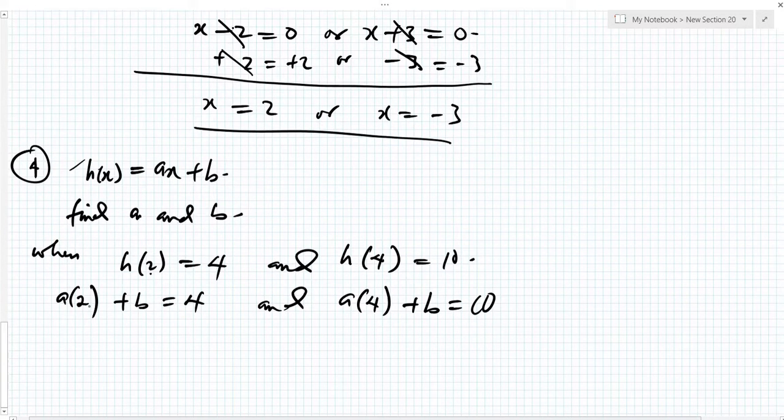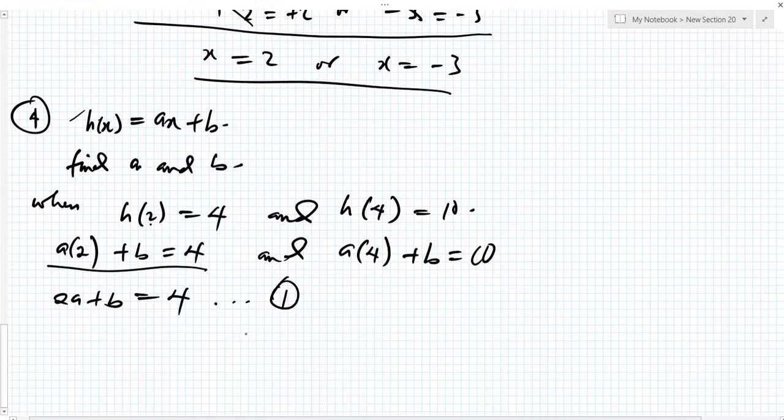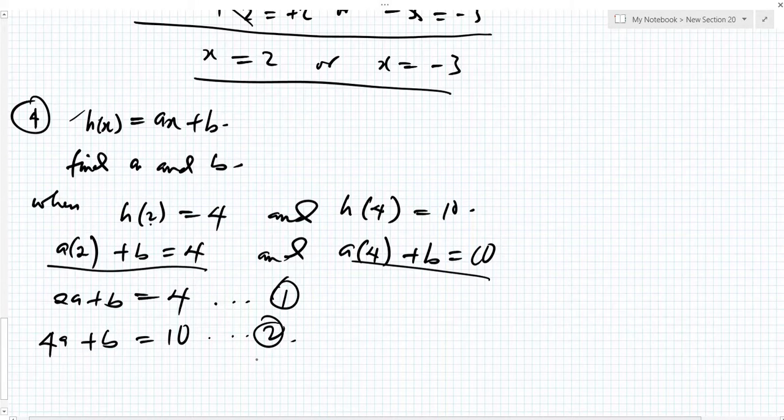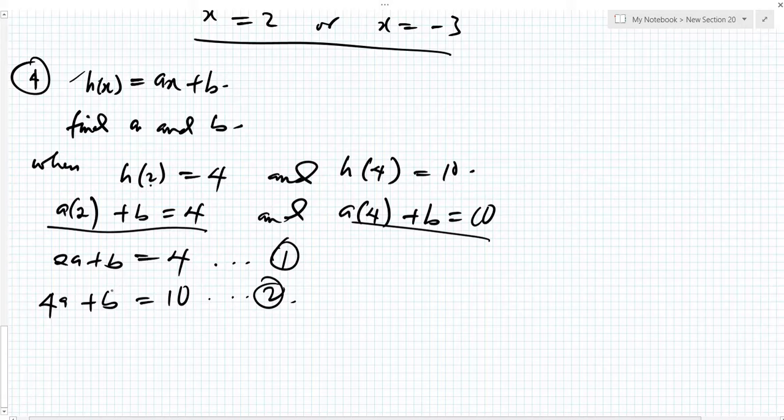So for the first condition, you have 2a plus b is equal to 4. We call that equation 1. For the second condition, you have 4a plus b is equal to 10. Equation 2. Now, when you check, the coefficient of b in both equations is 1, it is the same.